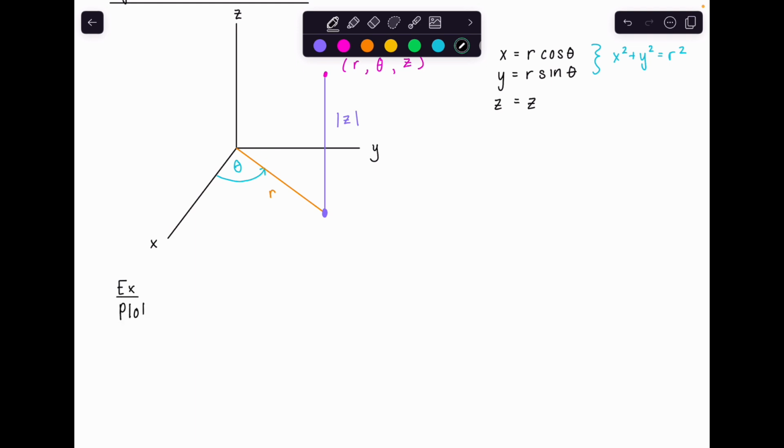So plot the point whose cylindrical coordinates are (4, pi over 3, negative 2).